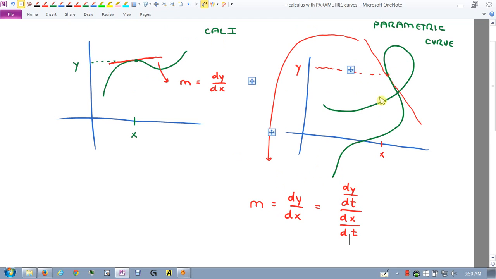I still want to know the slope of that line, but because our functions are functions of t, I rewrote the top as dy/dt and the bottom as dx/dt, and if you reciprocate that, divide and flip, that is dy/dt over dx/dt. But this right here, dy/dt, doesn't that mean the derivative of y with respect to t? And this one means the derivative of x with respect to t. And those are just two derivatives we can take, the derivative of each of the parametric equations. So this is really a good thing.